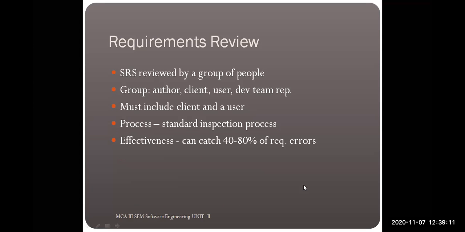Next, review. Requirements will be reviewed after preparing the document. The SRS will be reviewed by a group of people. The group may include the author of the SRS, a client, a user, along with representatives of the development team.